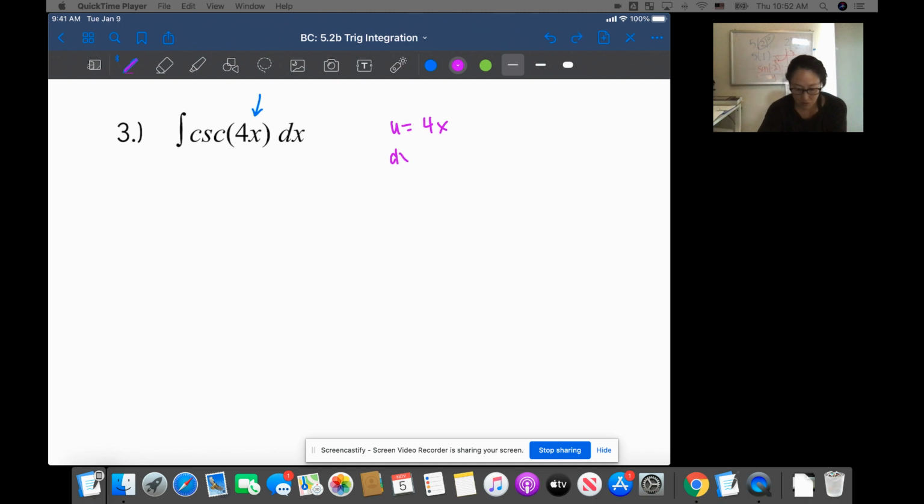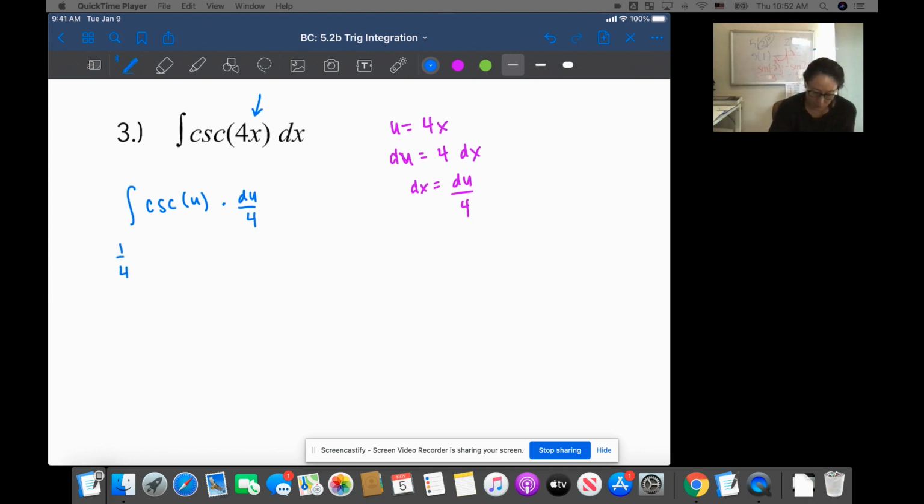So I have du is equal to 4 times dx, and dx is equal to, yes, du over 4, okay? So I end up with the cosecant of u times du over 4. And that is 1/4 times the integral of cosecant of u du.